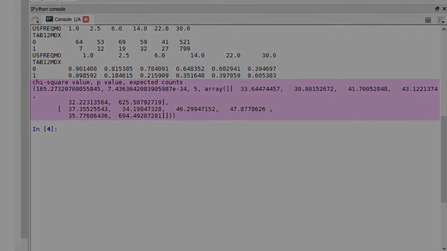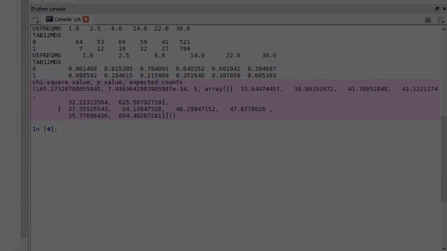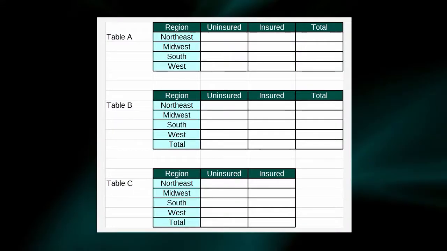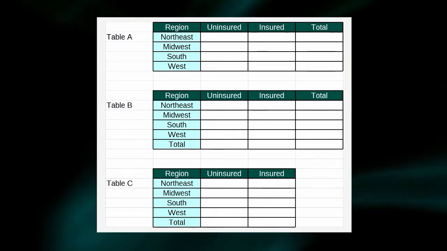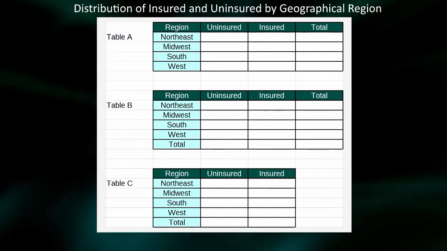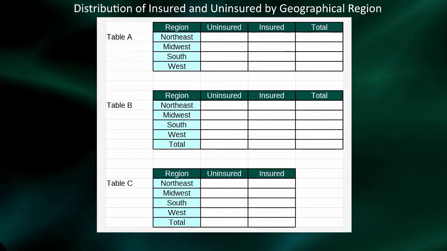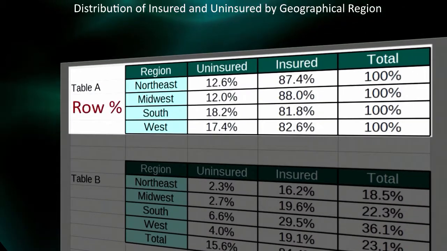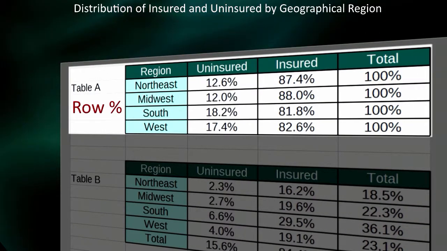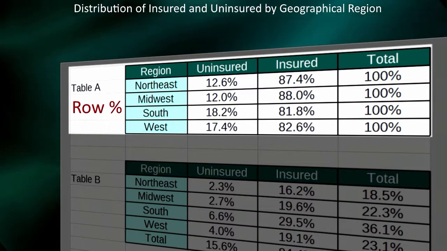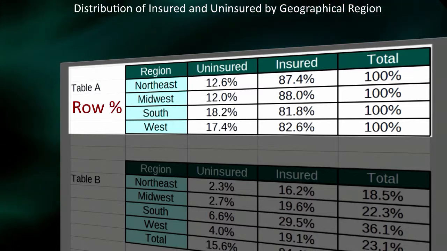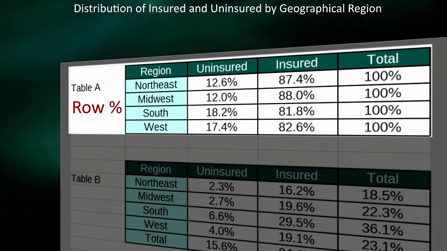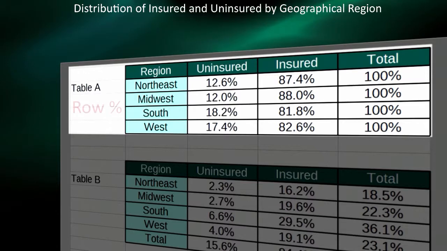To better understand this choice, let's look at 3 different tables that pull apart the different numbers represented in a crosstabs contingency table. For our example, we're going to use percentages from a chi-square table examining the distribution of insured and uninsured individuals by geographic region. Table A shows row percentages. Each cell includes the percent of observations within each row, that is, within region Northeast, Midwest, South, and West, that are either insured or uninsured.